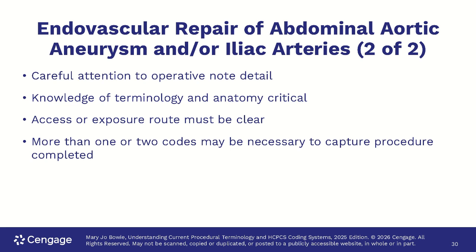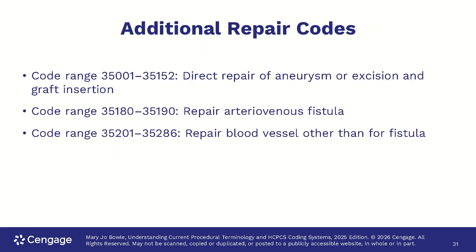Terminology and anatomy are very important. In the documentation, you need to see the access or exposure route. And again, if you don't see it there, what do you do? You collaborate with your provider. All right.